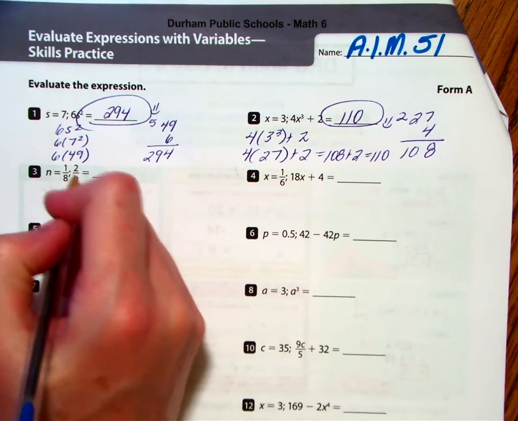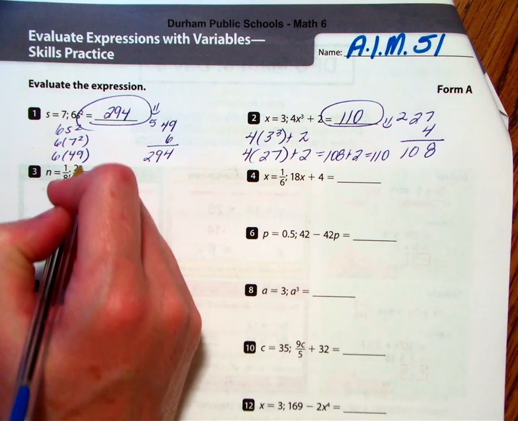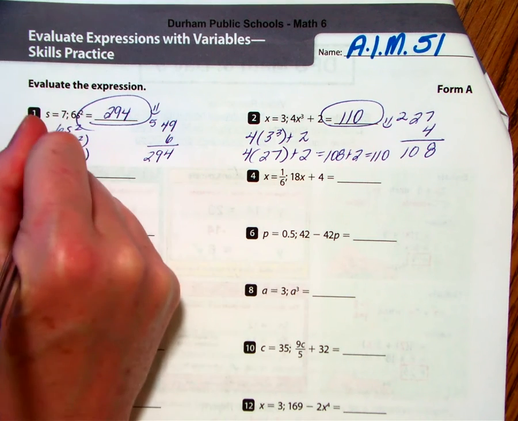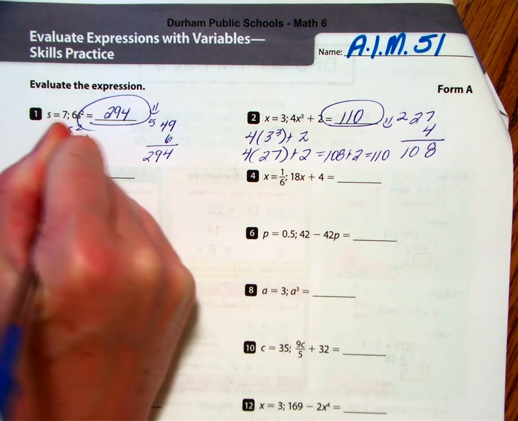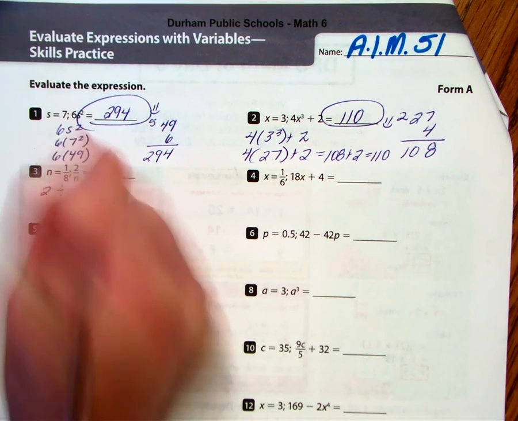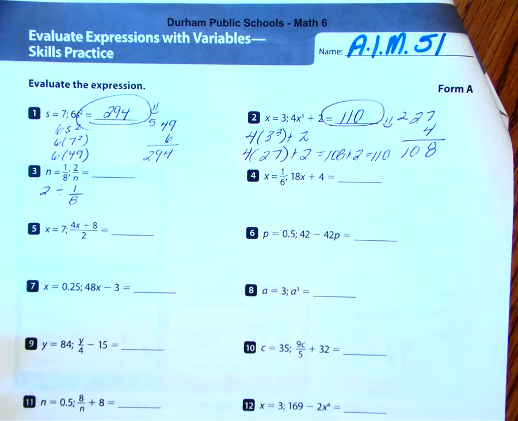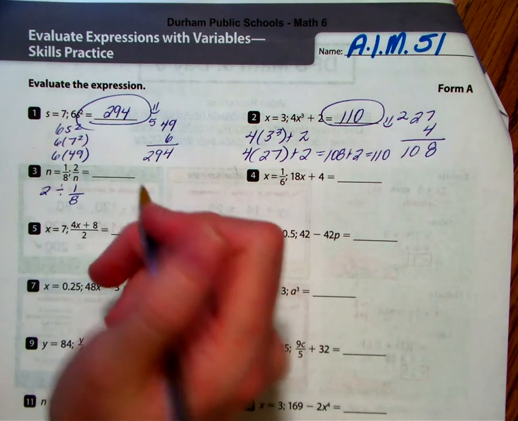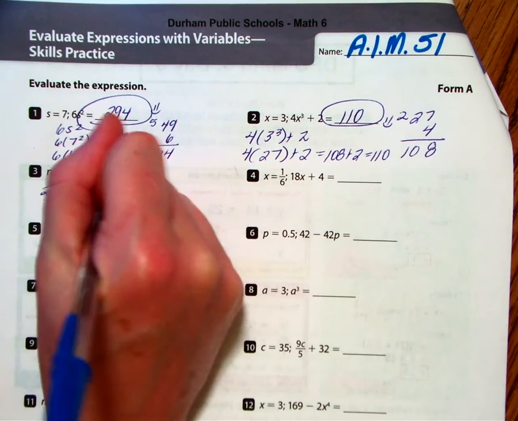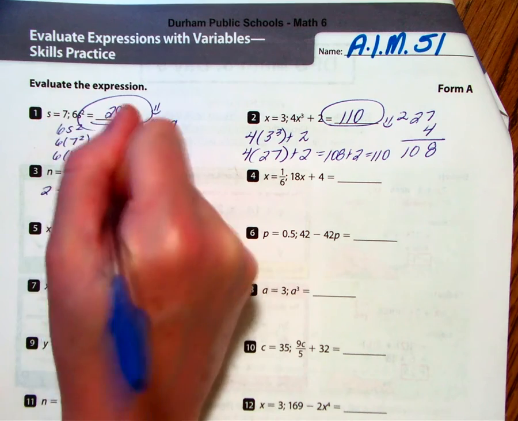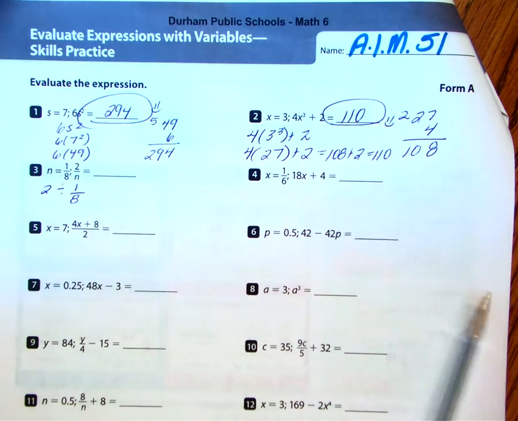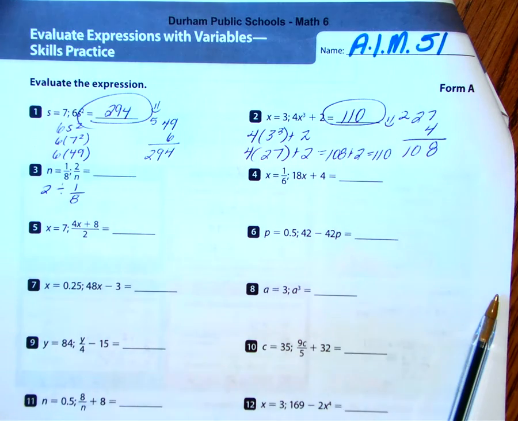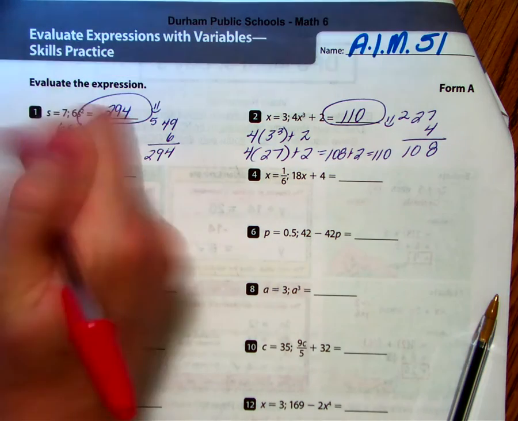All right, we've got n equals 1/8, and it wants 2 divided by 1/8. Well, we could do 2, and we want to multiply it by 8 over 8 to get a common denominator, so I need to change it to an equivalent fraction here.